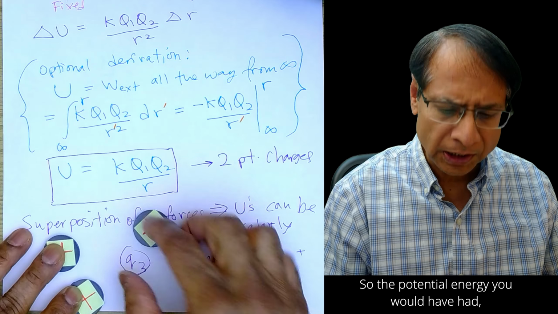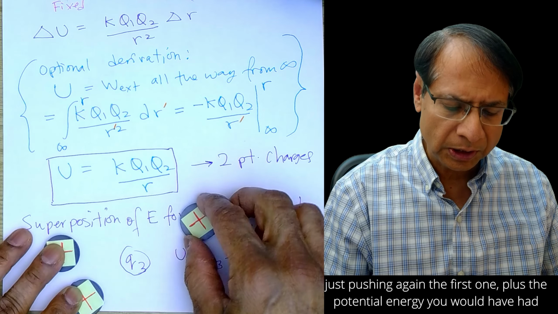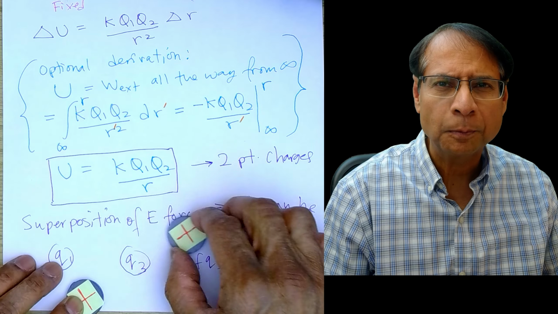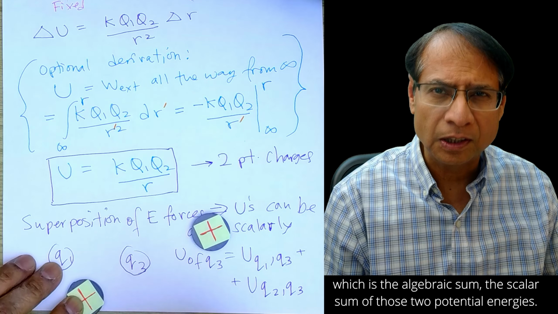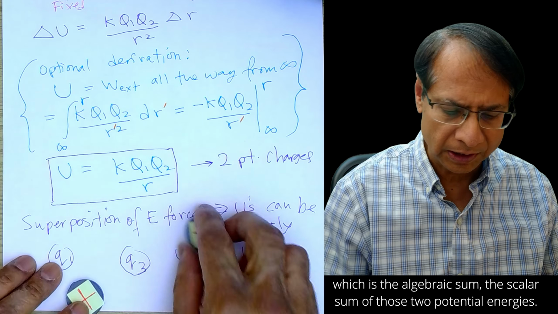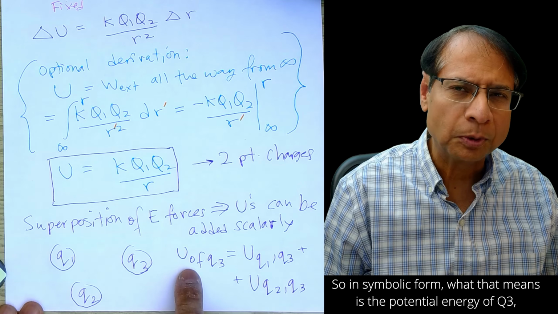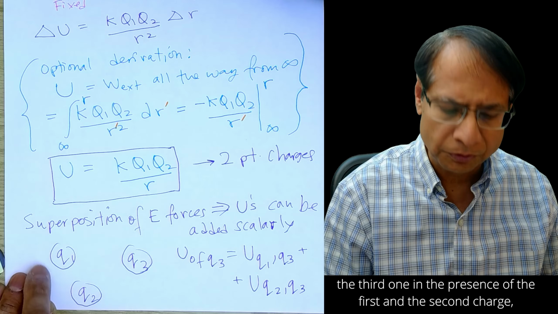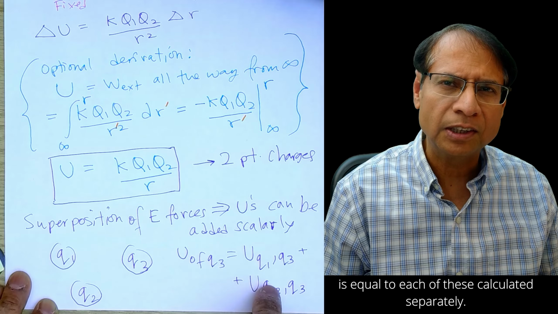So the potential energy you would have had just pushing against the first one, plus the potential energy you would have had if you pushed only against the second one over here, the third charge acquires the potential energy, which is the algebraic sum, the scalar sum of those two potential energies. So in symbolic form, what that means is the potential energy of Q3, the third one, in the presence of the first and the second charge is equal to each of these calculated separately.